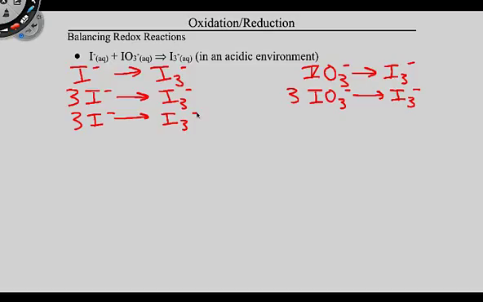How many oxygens do we have? 9. So what we've got to do then is go 3 IO3 minuses yields I3 minus, I almost forgot the minus, and 9 waters.